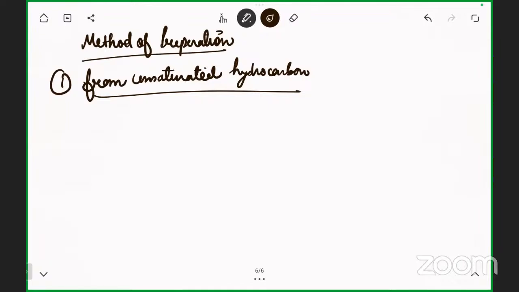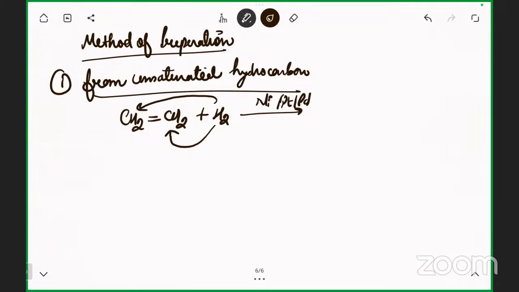For example, CH2 double bond CH2 reacts with H2 in the presence of nickel, platinum, or palladium, that is Ni, Pt, Pd. You give one hydrogen to this carbon and one hydrogen to this carbon, so it forms CH3 single bond CH3.